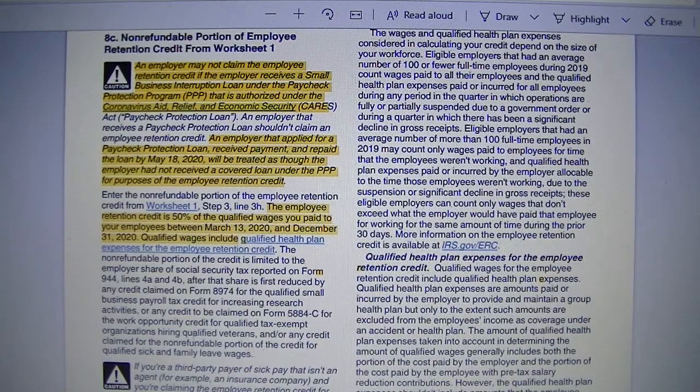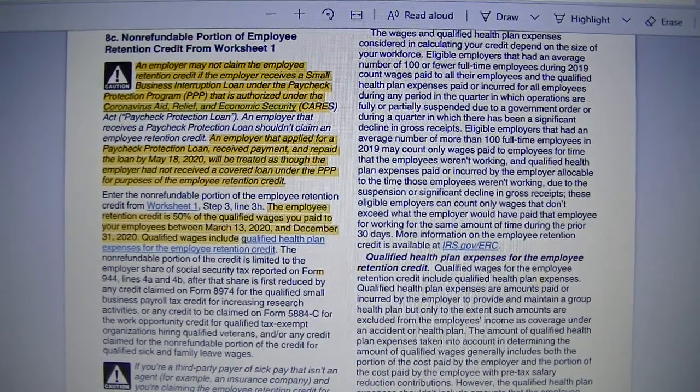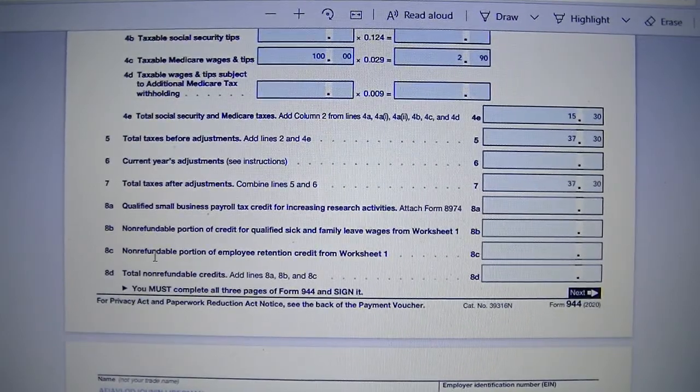We will get to that, but that's all we need to check here. So non-refundable portion of the credit, we don't have anything that will go there, so we leave it blank. Line AD, total non-refundable credits. So that'll be all the A's. And here is 0, so we leave it blank.